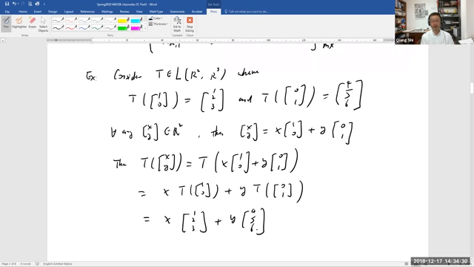For instance, if they ask you to find T of (3, 5), then you just have 3 times the first vector (1, 2, 3) plus 5 times the second vector (4, 5, 6), then combine them, that's it. That tells you what T of (3, 5) is. So for any T of (x, y), you can use this way to determine it. That gives you a well-defined linear map taking any vector in R2 to a vector in R3.